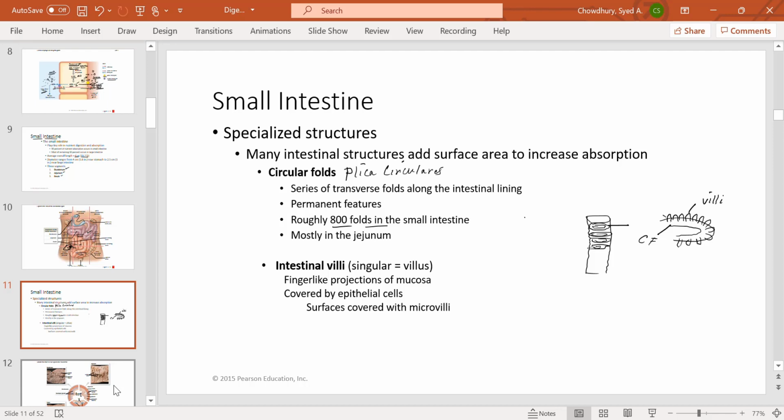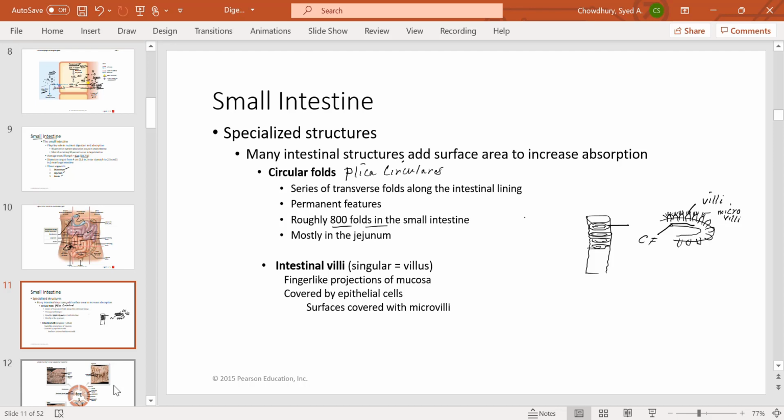And now if you see the surface of the villi, you will see many hair-like structures like a brush border, and these hair-like structures are called microvilli. Okay, so circular fold, then villi, then microvilli.